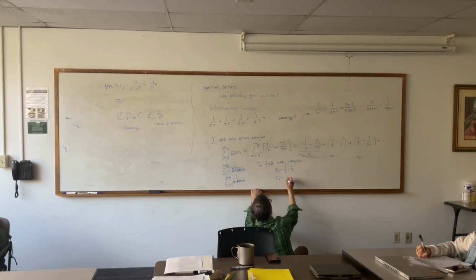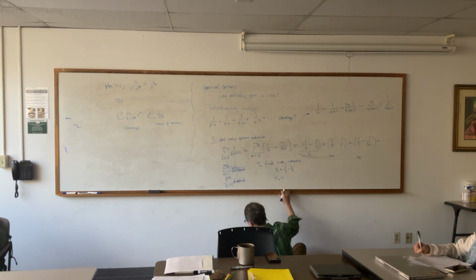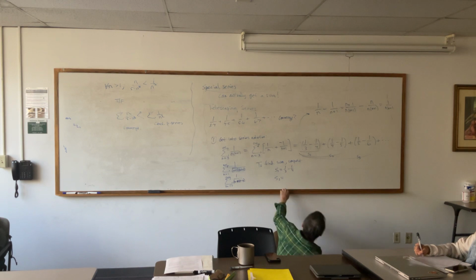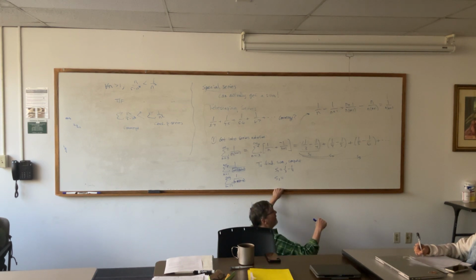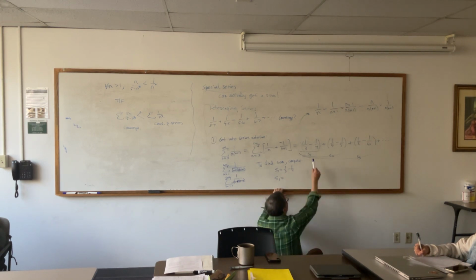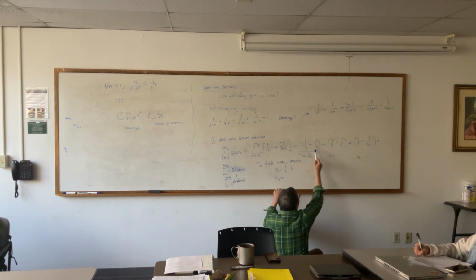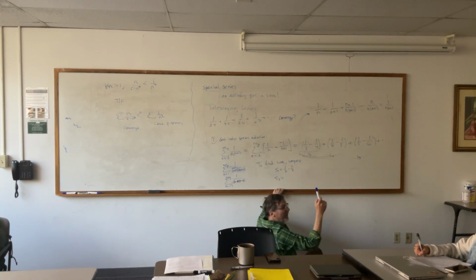S sub 2 is going to be, what's S sub 2 simplified to? Let's just see the fourth cancel, right? So 1/3 minus 1/5, does that make sense?